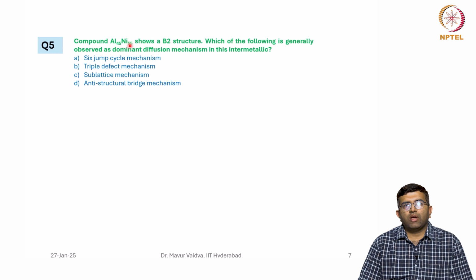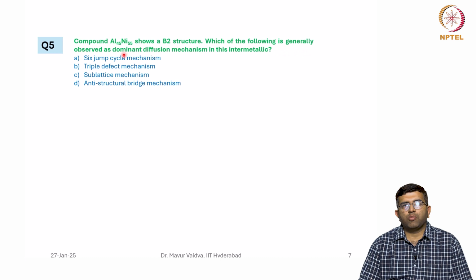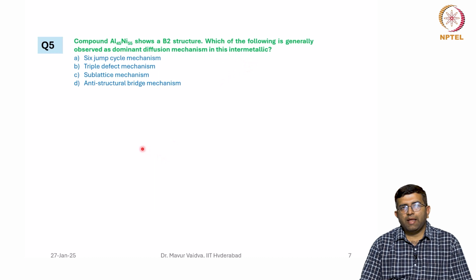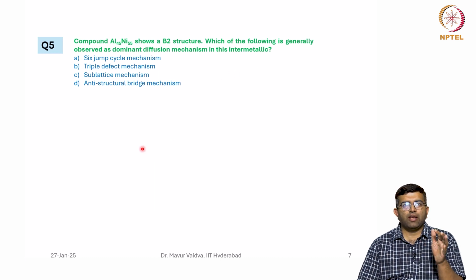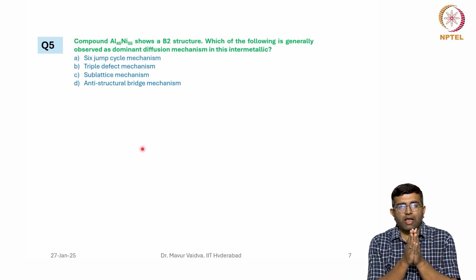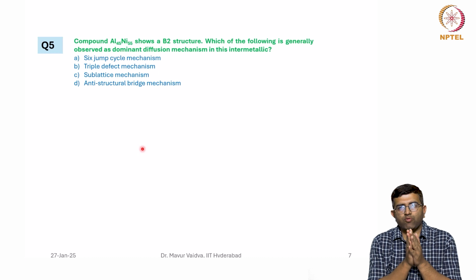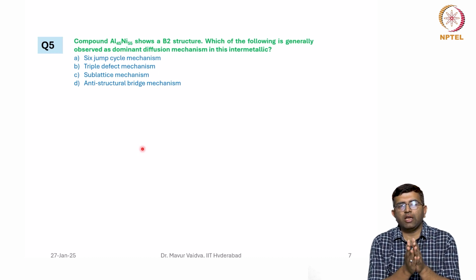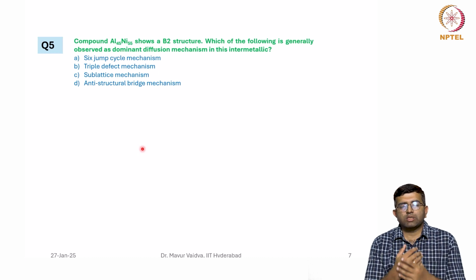Question number 5. Compound Al45 Ni55 shows a B2 structure. Which of the following is generally observed as the dominant diffusion mechanism in this intermetallic? Remember, AlNi at equiatomic composition is not a line compound. It is not just 50-50, but towards both left and right, the NiAl compound is stable.